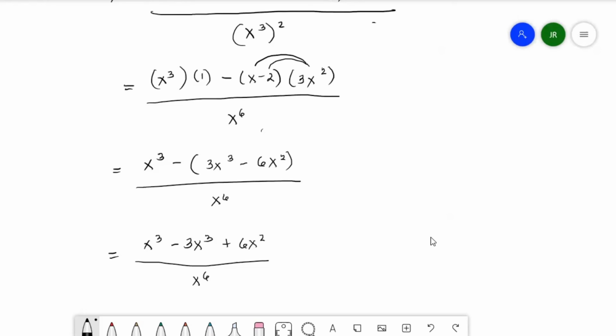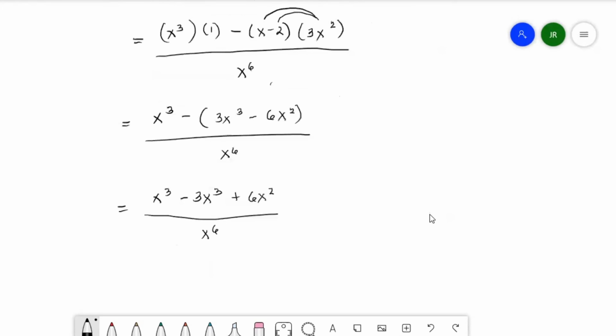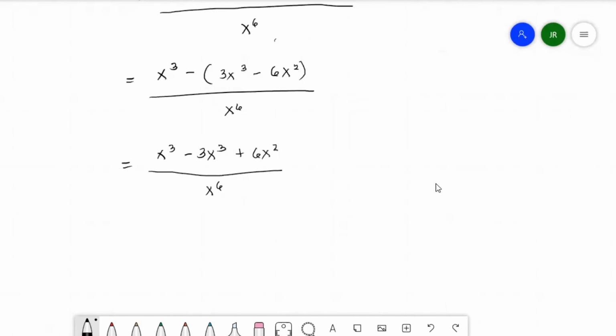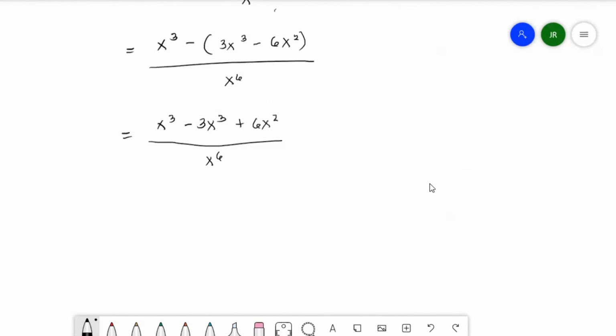Combining like terms. Hanggat kayang i-simplify, i-simplify po. And that is equal to x cubed minus 3x cubed. Pwede natin itong i-simplify. X cubed minus 3x cubed, that is equal to negative 2x cubed, then plus 6x squared over x to the 6th power.